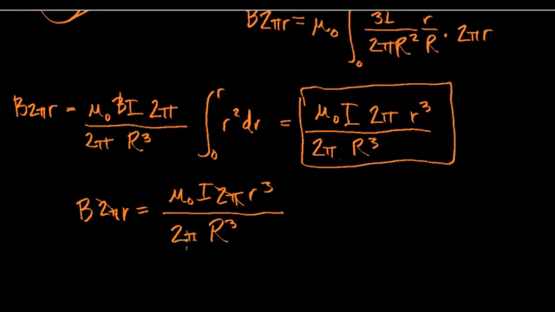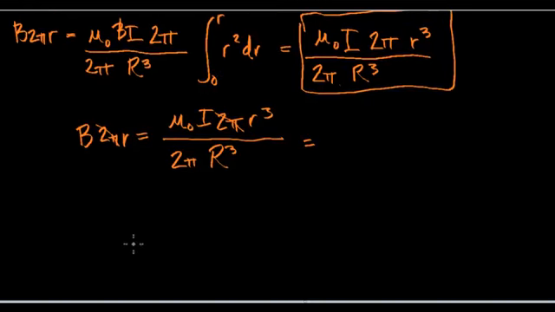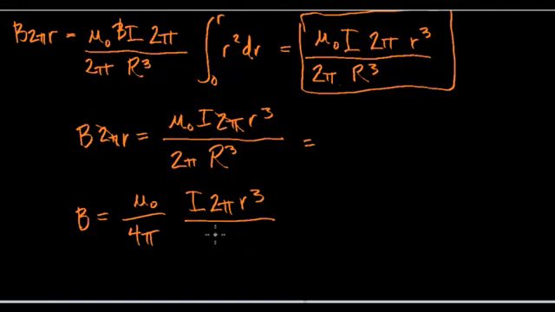However, remember I want this 2 pi to be a 4 pi, so I'm actually going to multiply the whole thing by 2 pi over 2 pi. And what I'll get is B is equal to mu sub naught over 4 pi times I 2 pi r to the third over big R cubed. And that should be my answer.